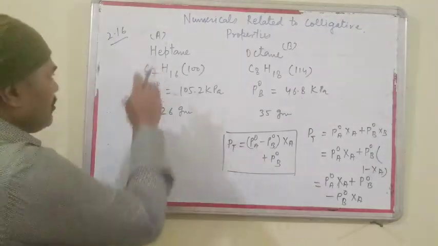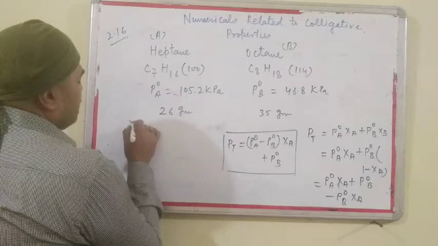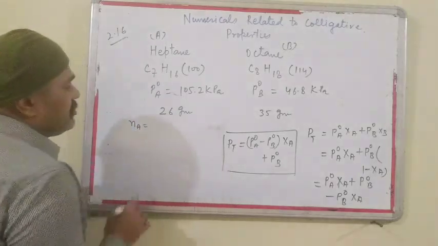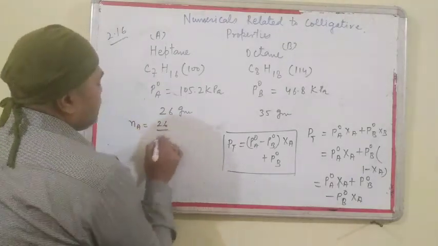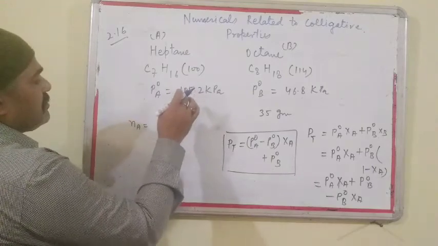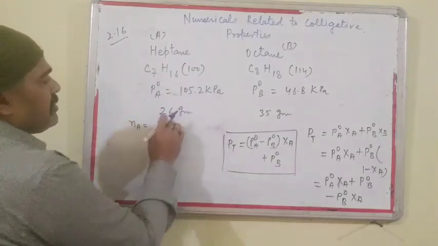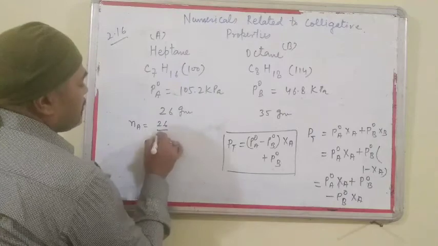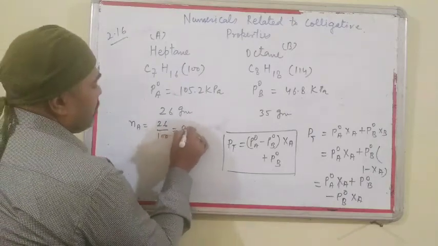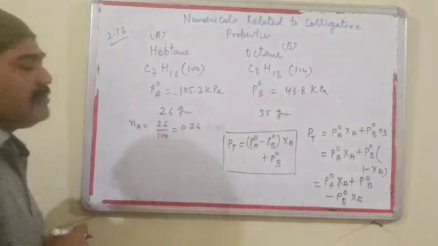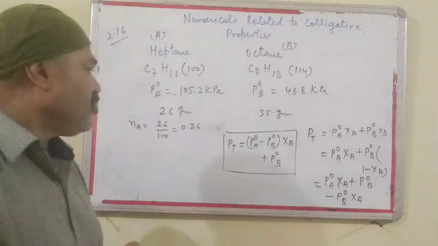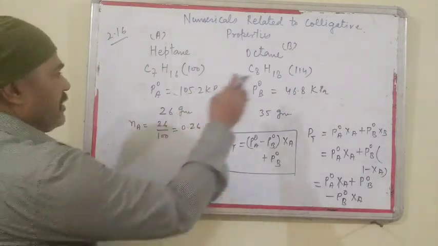Number of moles of heptane NA equals 26 divided by its molar mass 100, so it is 0.26.